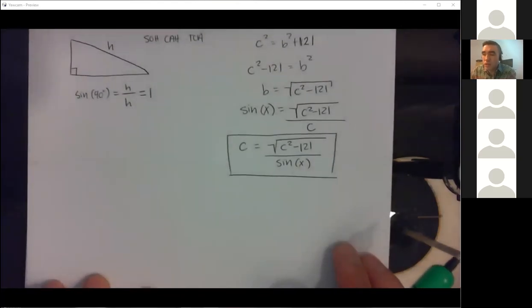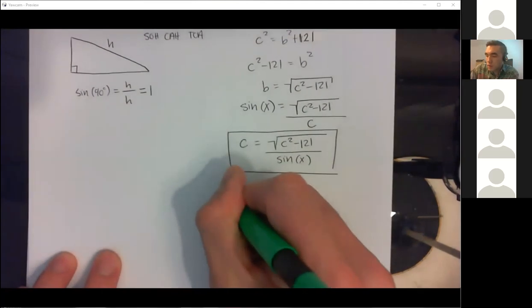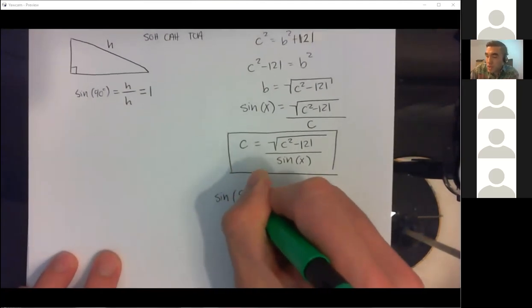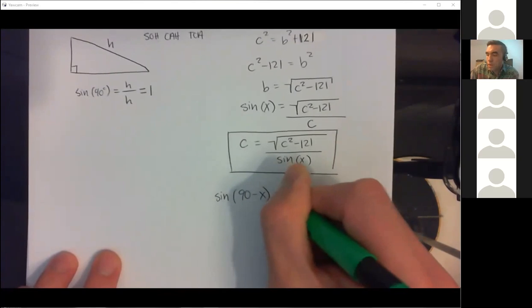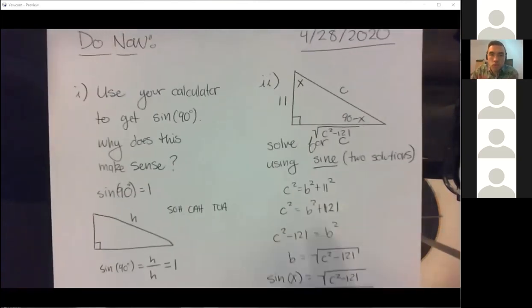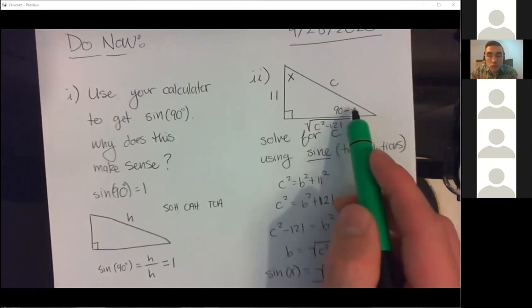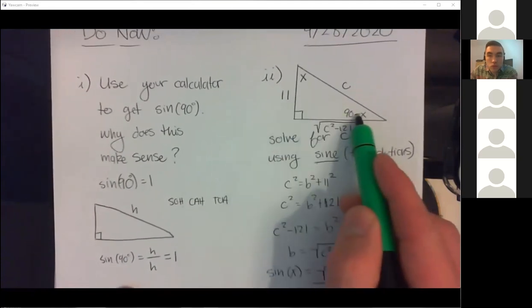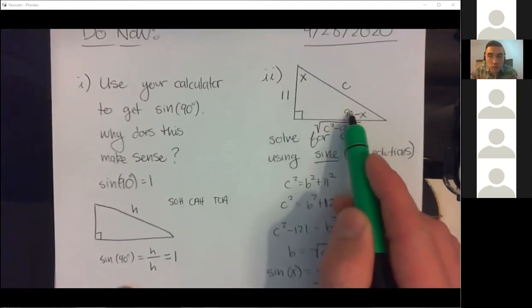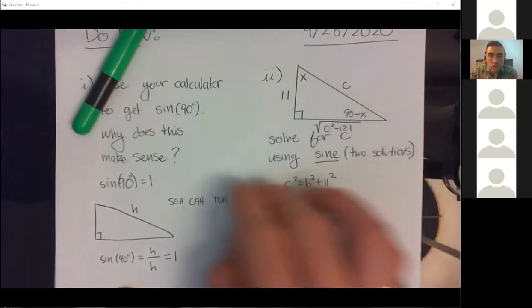So here's our other answer for solving for c using sine. Sine of 90 minus x is going to be equal to what ratio? From this angle's perspective, sine is, SOHCAHTOA, opposite over hypotenuse.